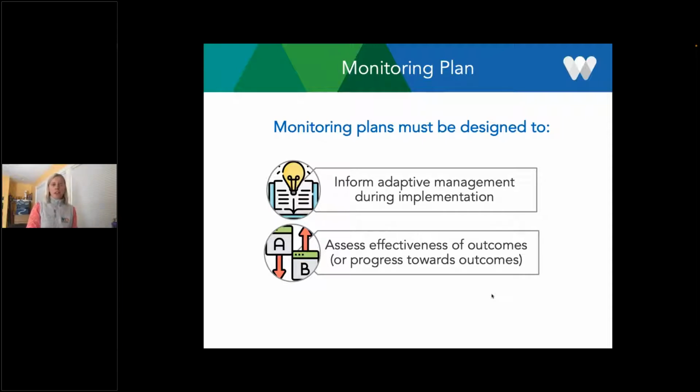I want to make sure that I also pause and acknowledge that increasing our expectations and requirements around monitoring and evaluation can have an impact on the number, diversity, and types of organizations that might feel well suited to apply to our grant program, since not every organization has experience in doing that kind of monitoring and evaluation work, or may not have the capacity internally, or may not yet have the external partners that can help them do that work.